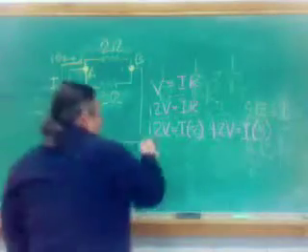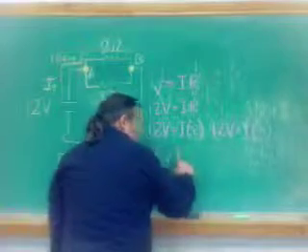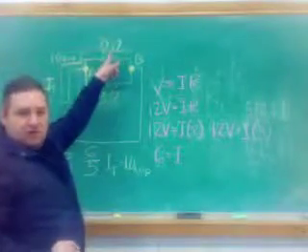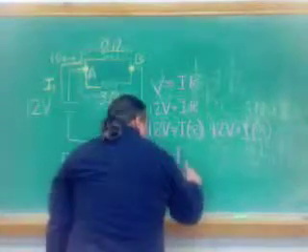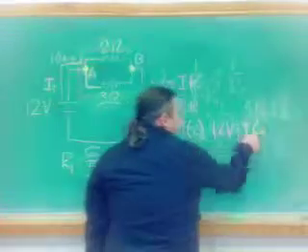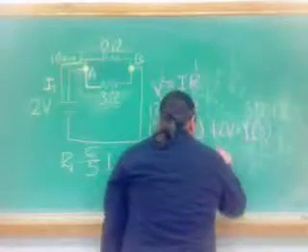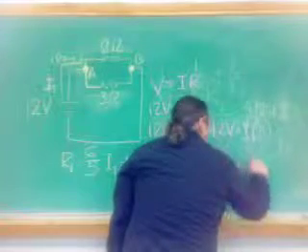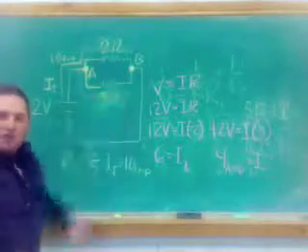Move the 2 over, I get 6 equals I, and that's the current that's going through the 2 ohm resistor. So we're going to call that I1. And then I have this coming over through here, and that's going to give me 12 divided by 3, so I'm looking at 4 amps through the 3 ohm resistor, through the bottom.